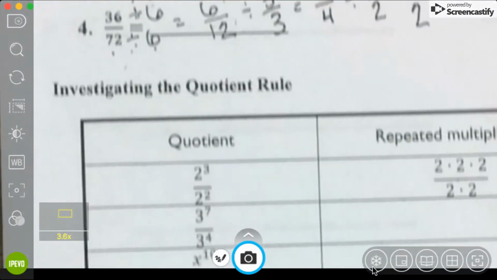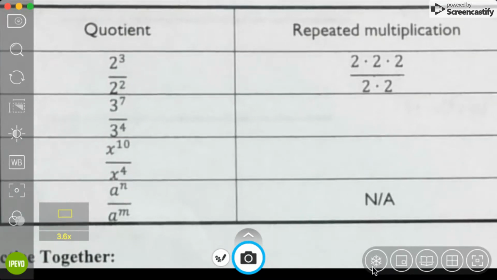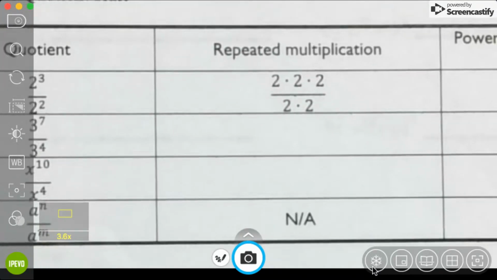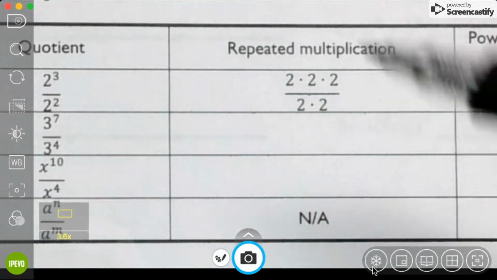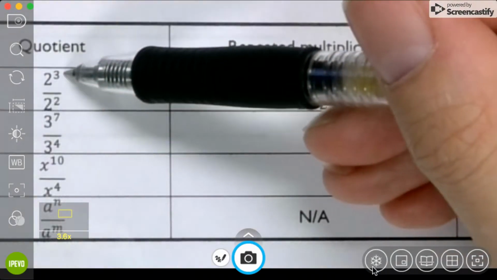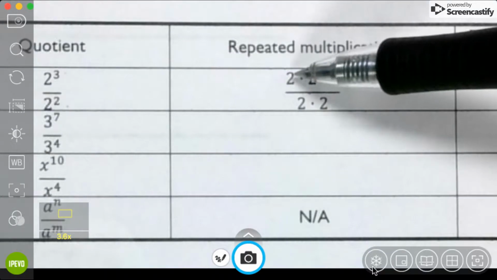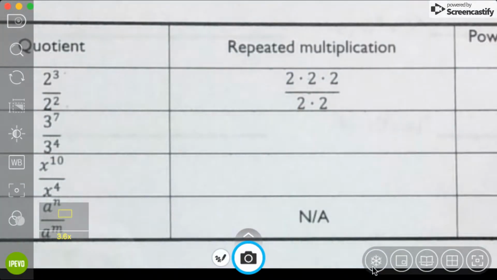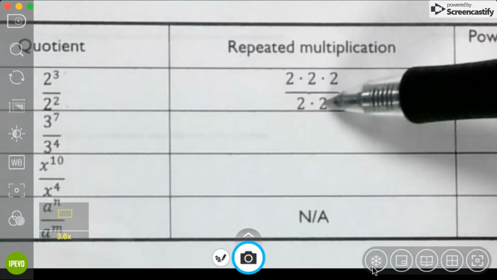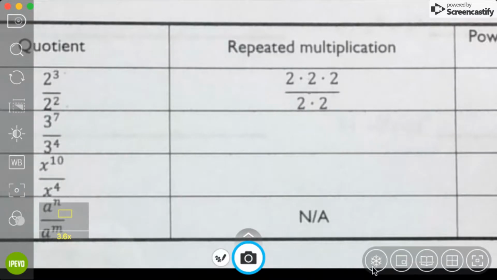So the quotient rule. We are looking at the quotient rule, okay? So you can see here it says 2 to the third and 2 to the second. So they just write it. There's 3 2's on top. There are 2 2's on bottom. And then you say, okay, well, it's almost like dividing, right?